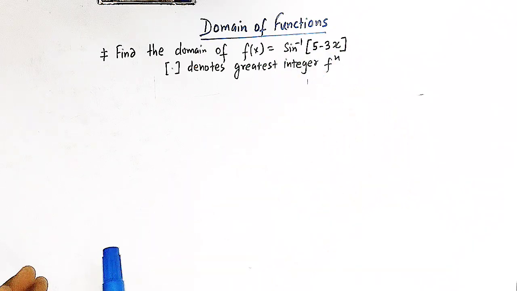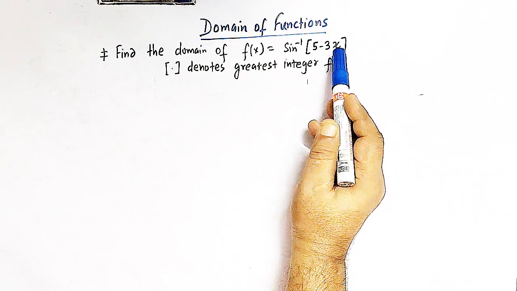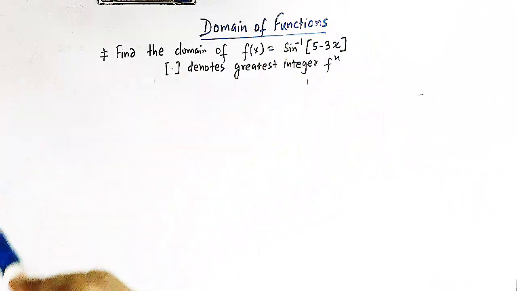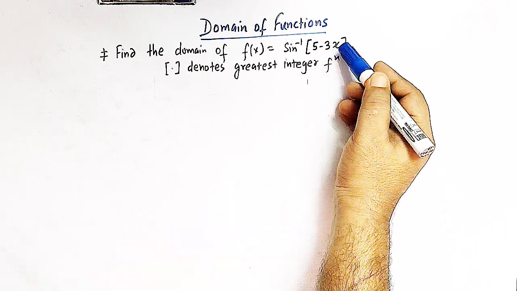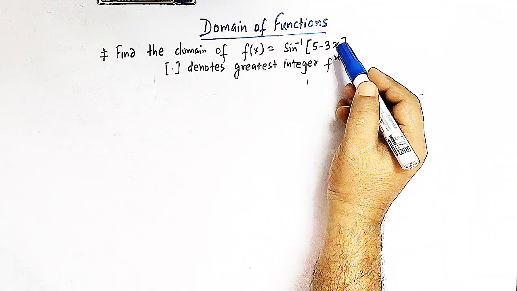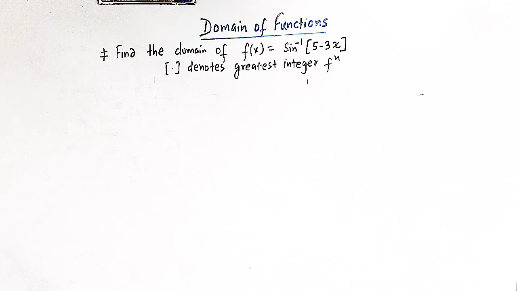We have to find all the valid values of x for which this function is defined, because the domain of a function implies that we have to search for all those valid values of x for which f of x is defined, right? So let us see how easily we can find out the domain of this function.